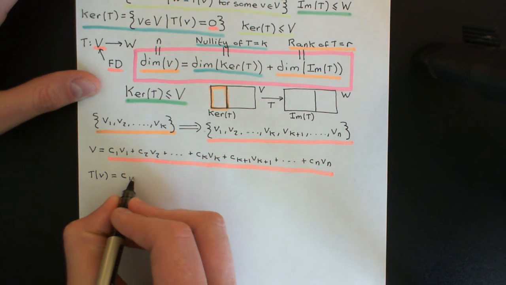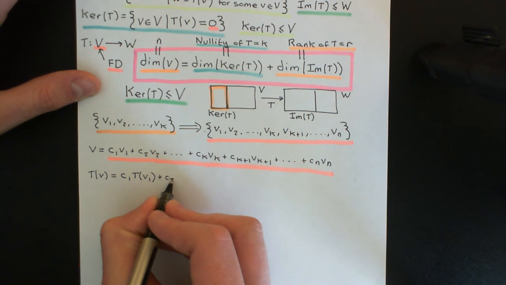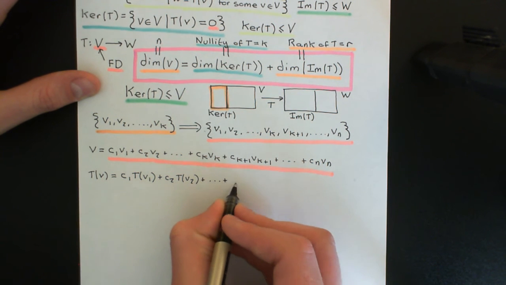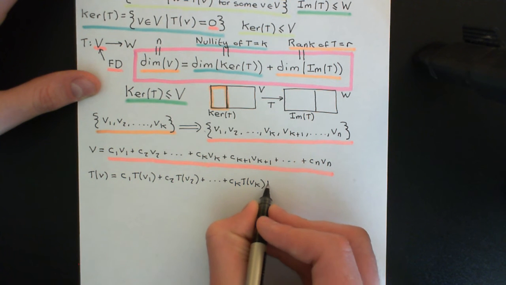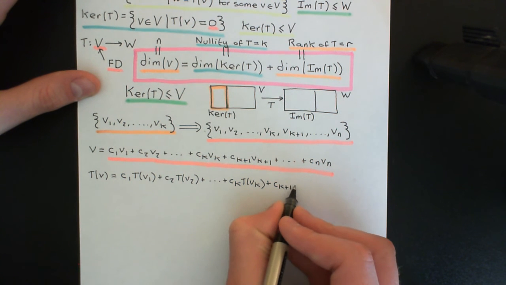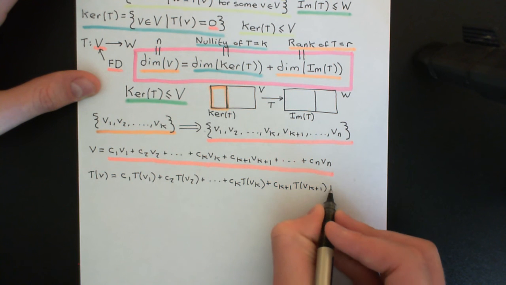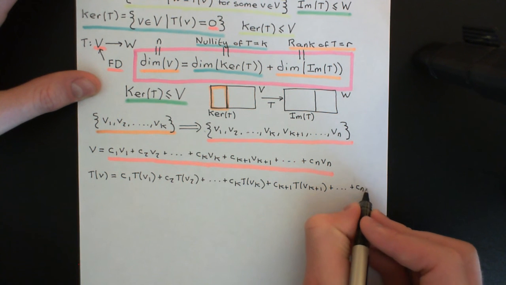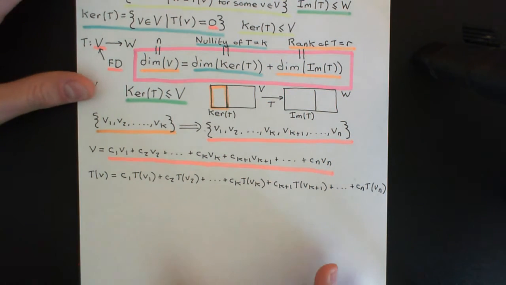So this becomes c1 times T of v1 plus c2 times T of v2, all the way up to ck times T of vk, plus c(k+1) times T of v(k+1), and finally, all the way up to cn times T of vn, like so.